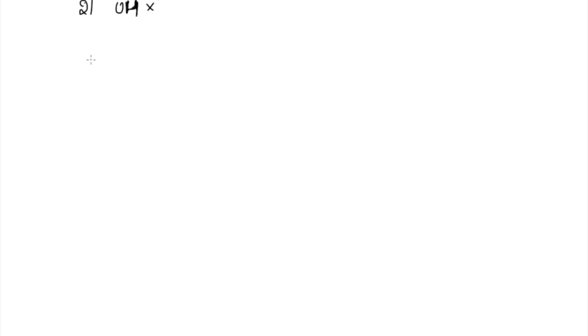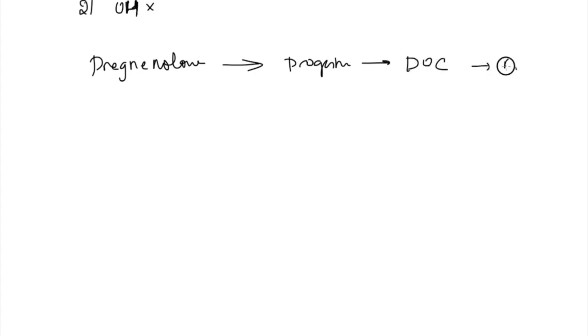So I am just writing here the flow chart in short forms. Pregnenolone leads to progesterone, then this is going to become deoxycorticosterone, and basically there is one more step, corticosterone, which then becomes aldosterone.